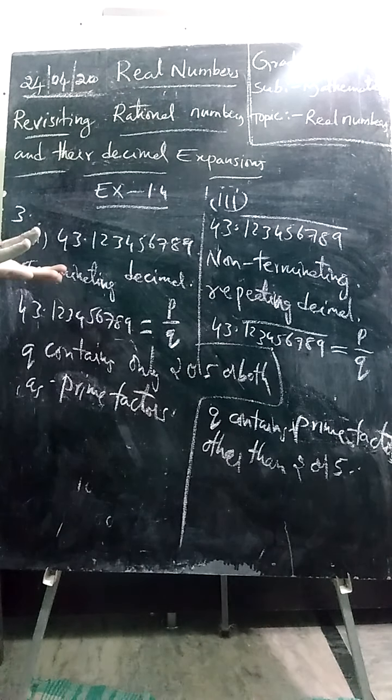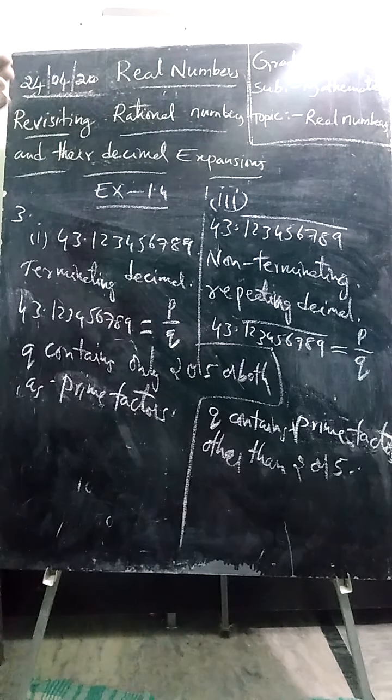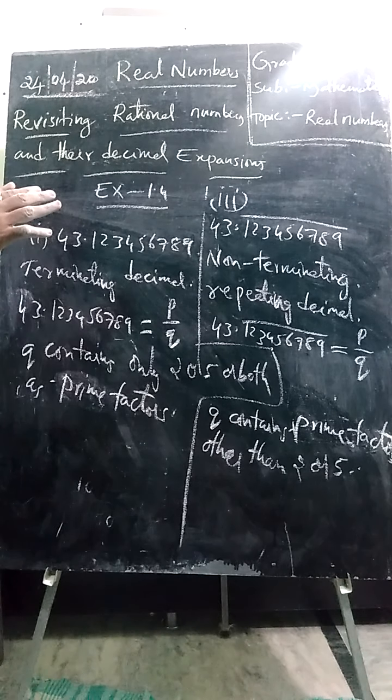So till now, what you have done: real numbers completed, polynomials completed, pair of linear equations about to complete. Whatever concepts you have so far covered, please put the questions in your notebook and maintain a portfolio, and stick them on the backside of classwork as home assignment. Complete it. Still, if you have doubts, after coming back to school you can get clarification.